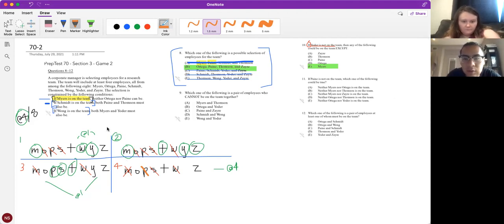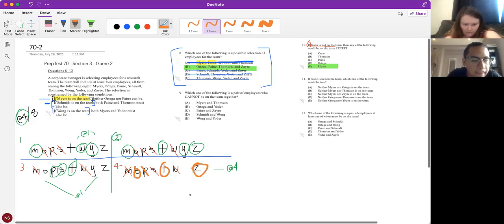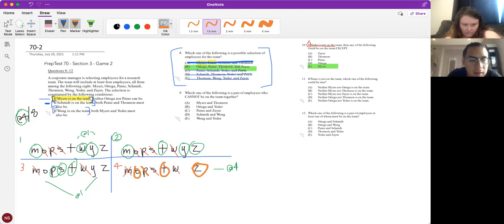So the first one is neither M nor O is on the team. I guess that's not possible, because all of the top ones have O, and we never have both of them off.